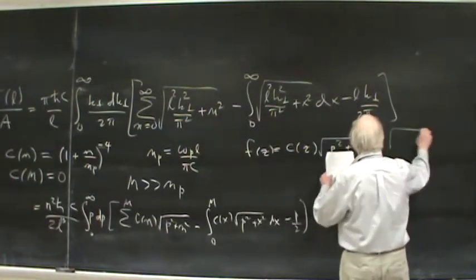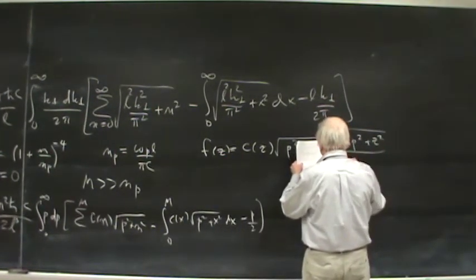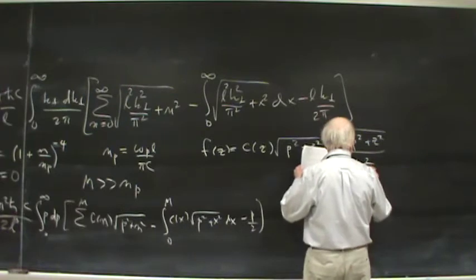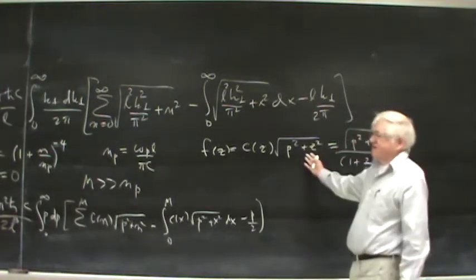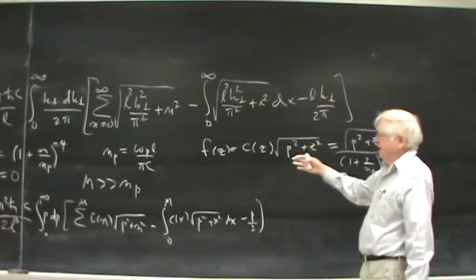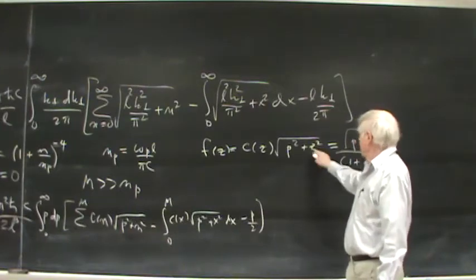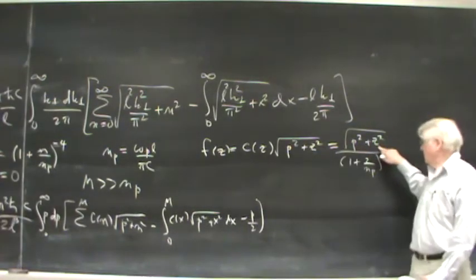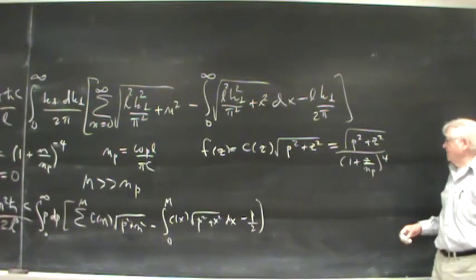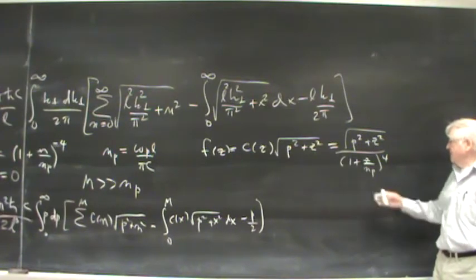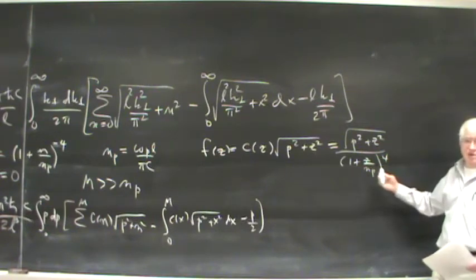This thing is then square root of p squared plus z squared over 1 plus z over n plasma to the 4th. Okay, this satisfies the conditions of being analytic. Well, it's actually analytic for the real part of z positive, and moreover, it's also bounded, at least for real part of z positive.